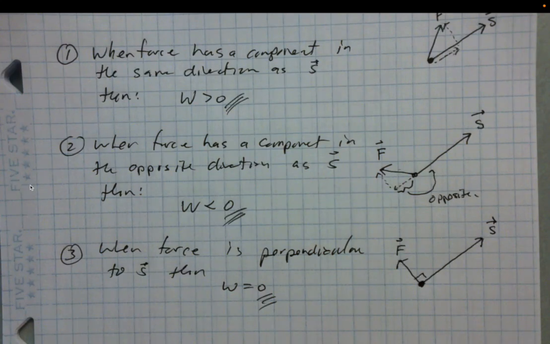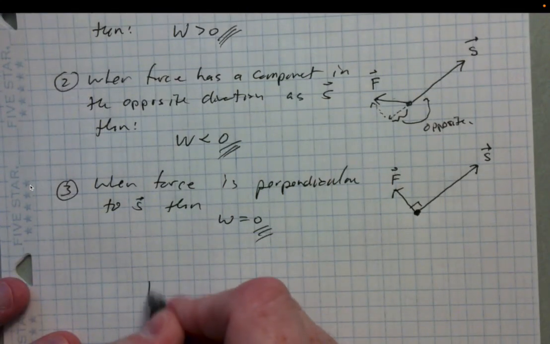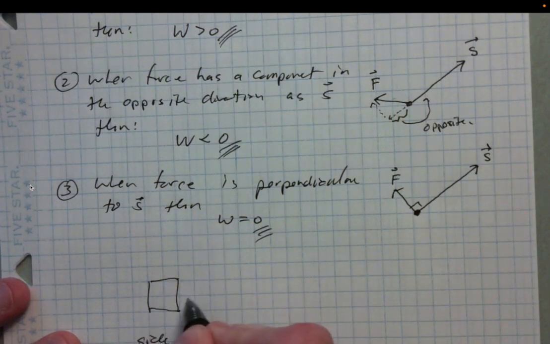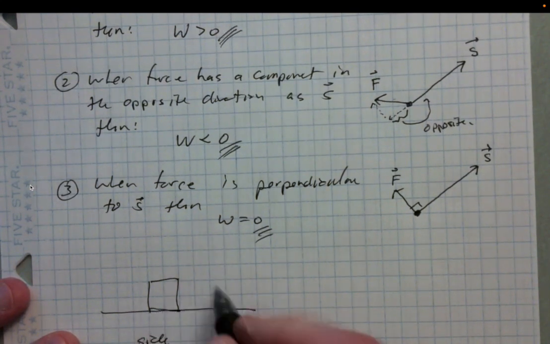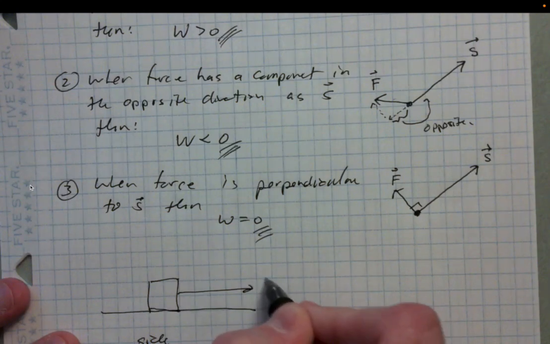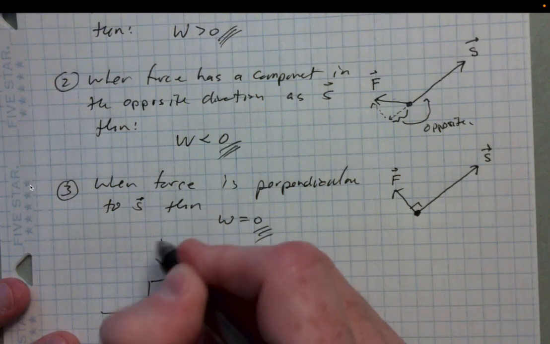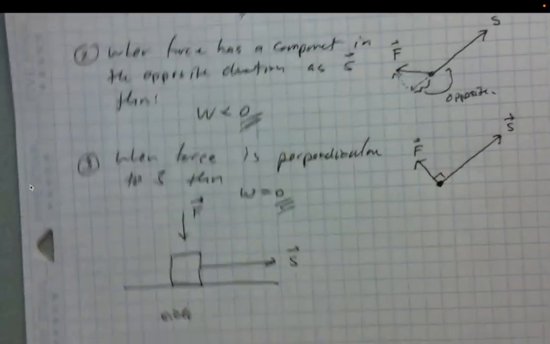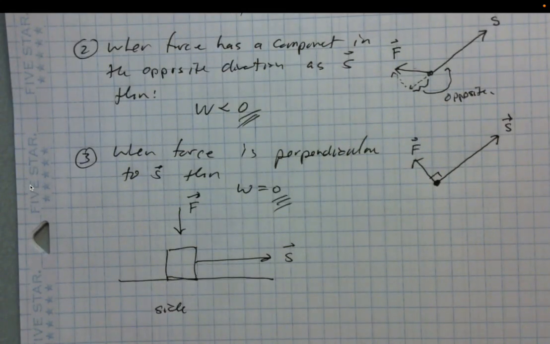So that would be like a crate sliding along the floor. So this is a side view. The crate is sliding along the floor, right? So you've got displacement in this direction, but maybe I'm pushing down on it. Well, in this case, no component of that force is in the direction of the displacement.